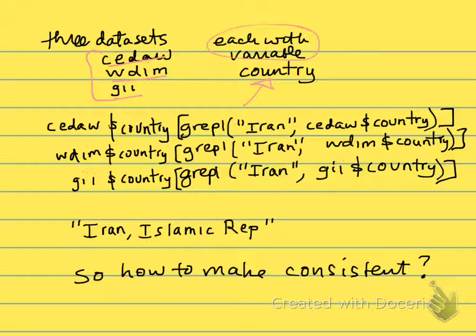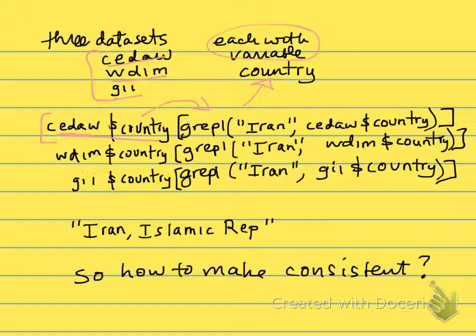To do that, you can check what the spelling is in each one of the data sets, and in particular, you can check for a particular country to see what the exact spelling is for that country by using a command that's very commonly used in R, which is to ask R to display the country variable in the dataset CDAW, in this case, subject to a condition.